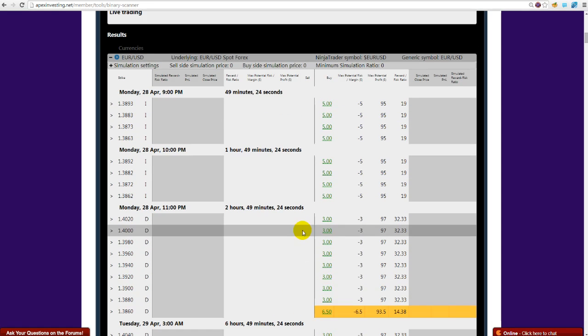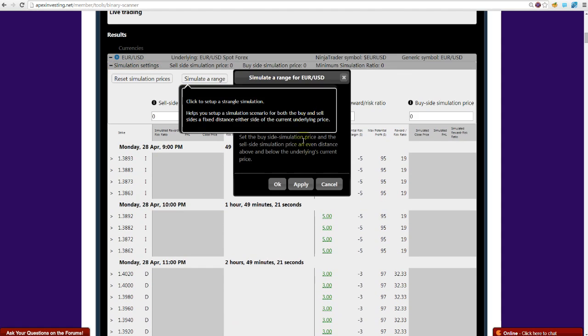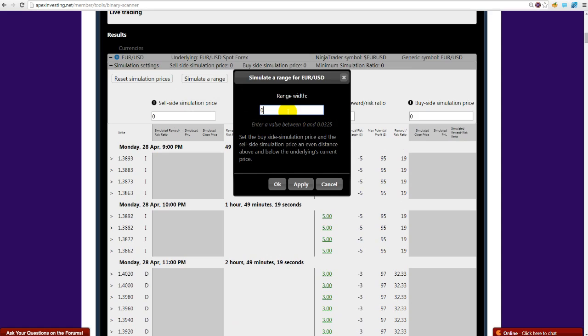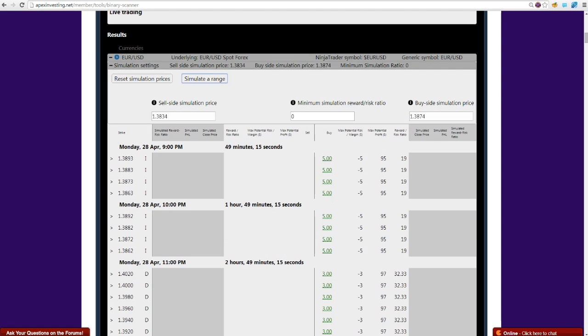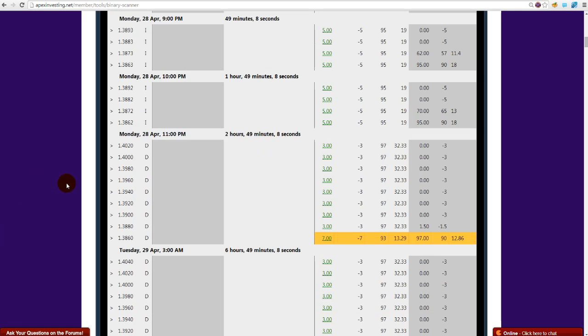Who can tell me what moves faster, the ones that are closer or the ones that are further away? All right. So closer moves faster.